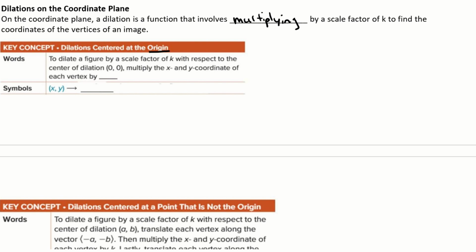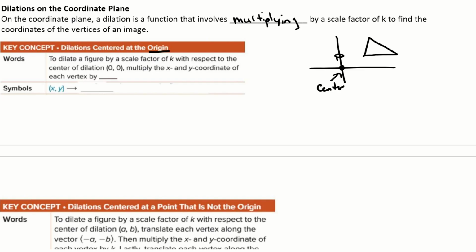What I like to think of is, if I have a shape that I want to dilate from, let's just say this is the shape, and this is the center of dilation. Well, I like to think of it as putting a pin there.